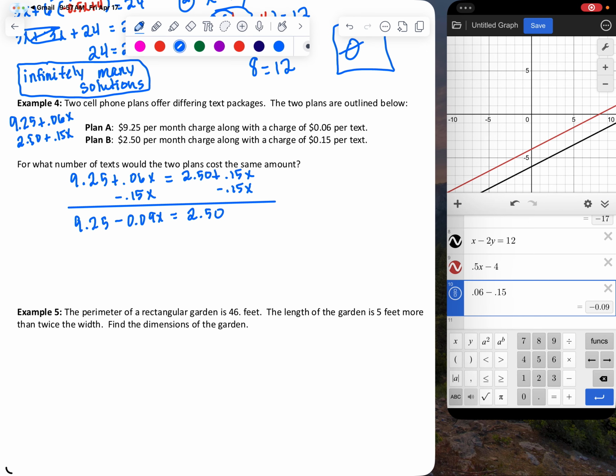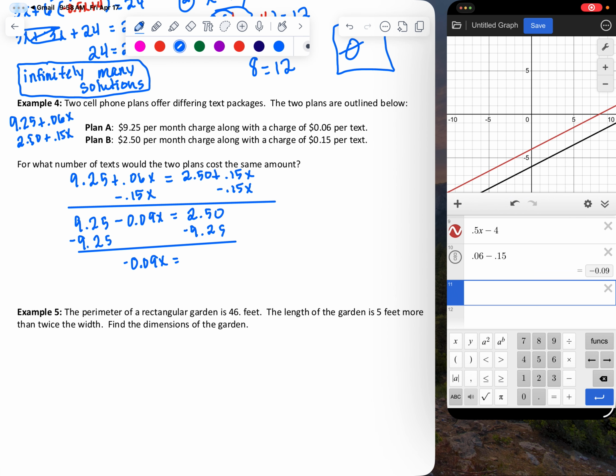and that's equal to $2.50. Now I'm going to subtract the $9.25 from both sides, and that would give me negative 0.09x equals 2.50 minus 9.25, negative $6.75.